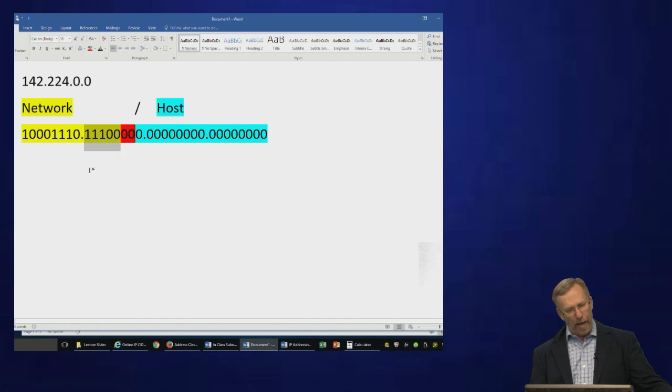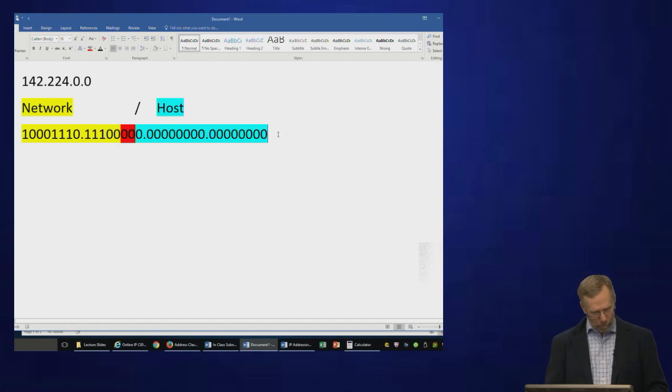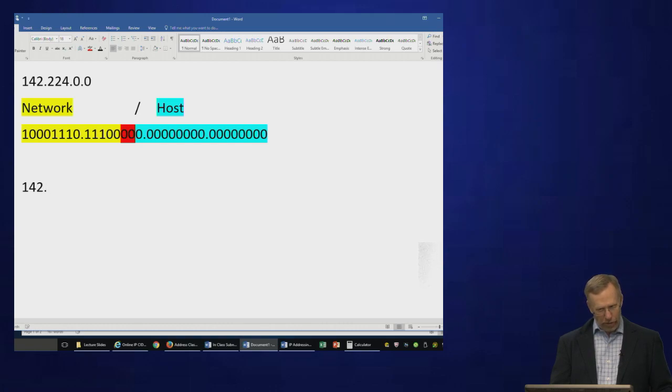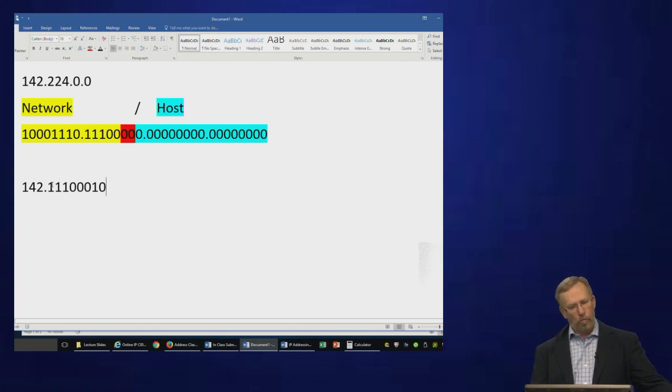So if I did that, the next network starts at, the first section is going to be 142. The second section is going to be whatever, 1, 2, 3, 0, 0, 0. The next network is going to have those bits as its network ID, which means 128 plus 64 is 192, plus 32 is 224, plus 2 is 226.